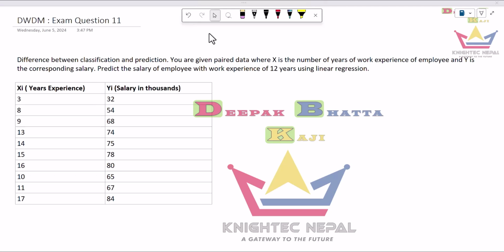In the X column you have years of experience and in the Y column you have the salaries in thousands. There are 10 rows and 2 columns, X and Y. Let's start by defining classification and prediction and differentiate both of them.